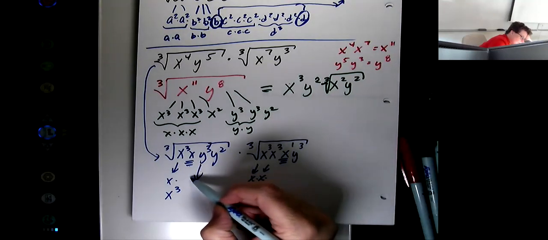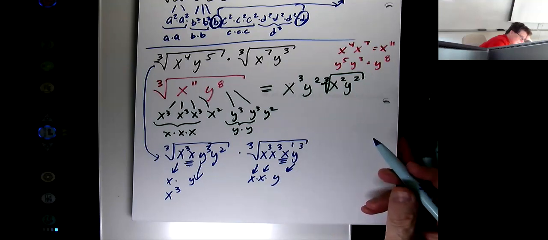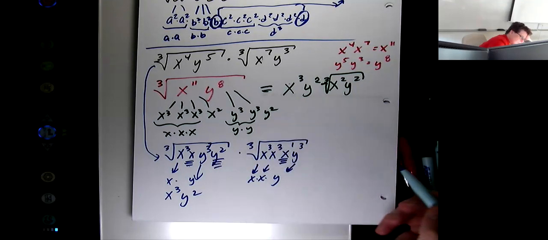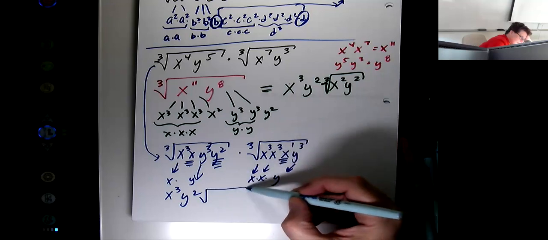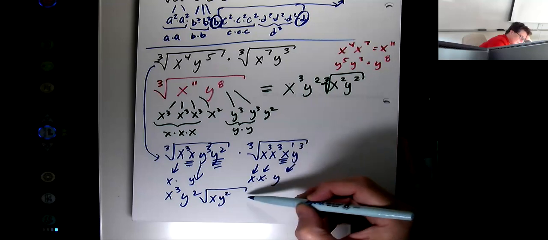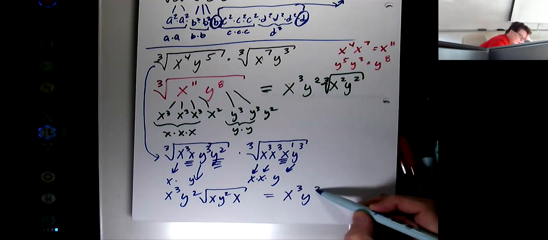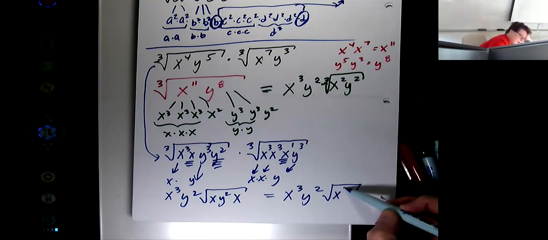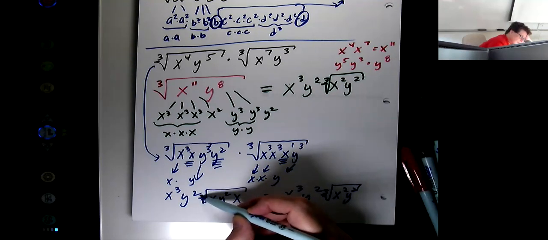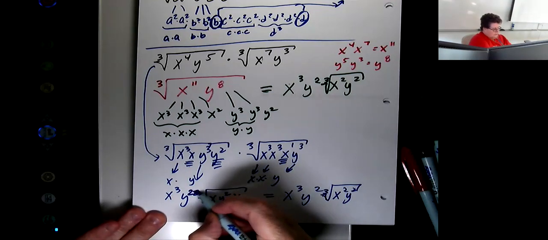The Y comes out as a Y, and this one comes out as a Y. And so I got Y squared, and that's what's missing there too. So I have an X and a Y squared from the first one, and another X from the second one. If I clean it up, I put the X's together and have X squared, Y squared. And that should have a 3 on it. That 2 really looks like it's part of the exponent or the radical.